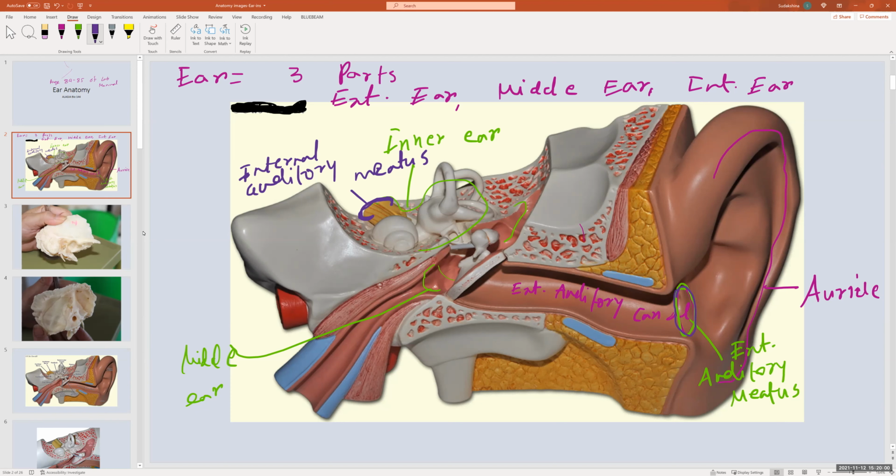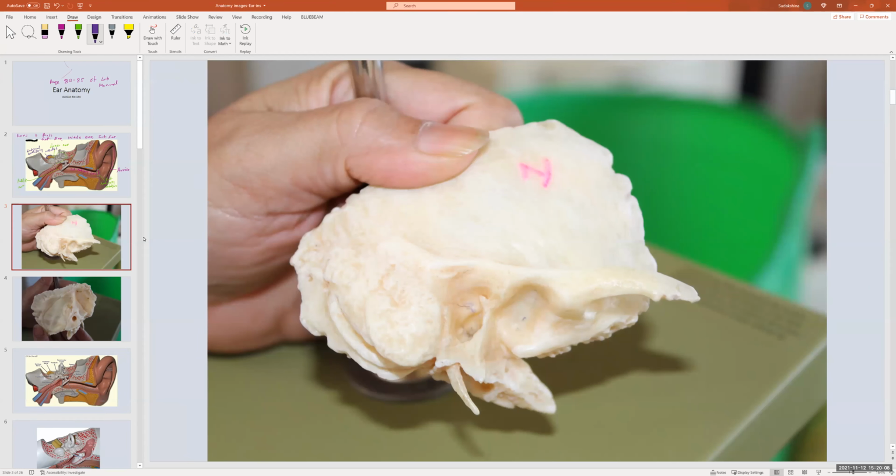Let's correspond this with the temporal bone. So all of this is temporal bone. Recall, we learned that in temporal bone, this is the external auditory meatus. This is the beginning of the external auditory canal.